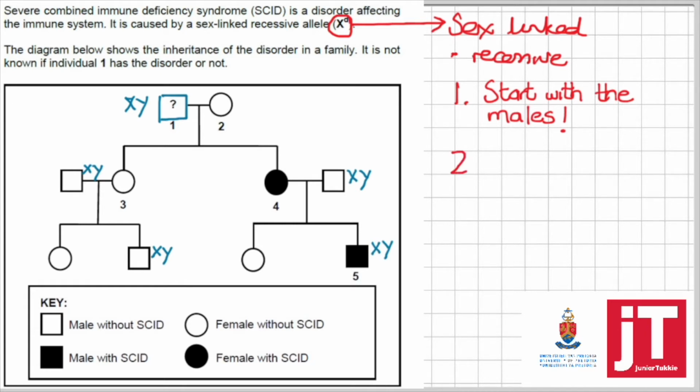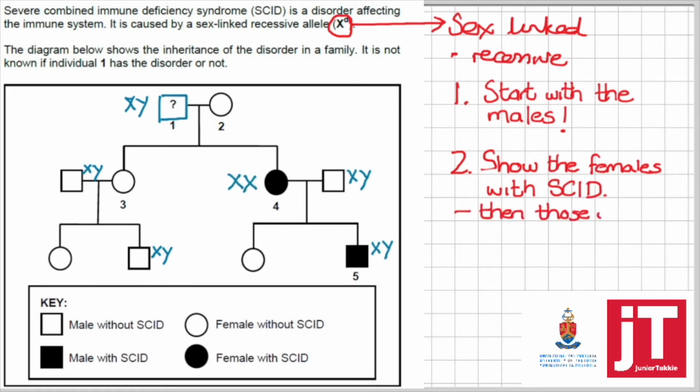The second step is to show the genders of the females. We'll put these in, and then add whether the recessive or the dominant allele is present in the combination of the XX gonosomes, which result in the female gender. Firstly, let's have a look at the males.